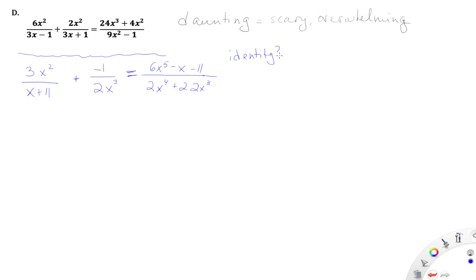What was again an identity? An identity is an equation which, if we substitute the variable with no matter what number, the two sides are still going to be equal. How can we find out if this is an identity, if the two sides are the same? Well, we need to change one of the sides to make it look like the other one.